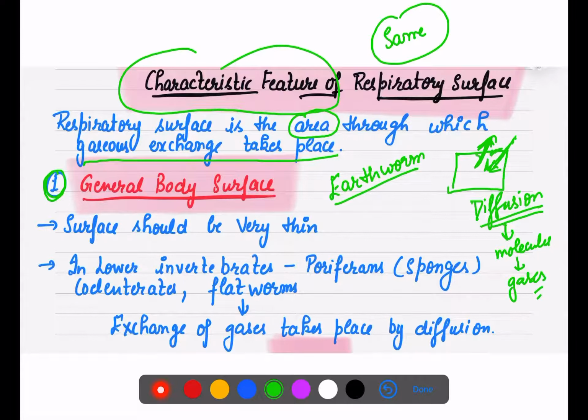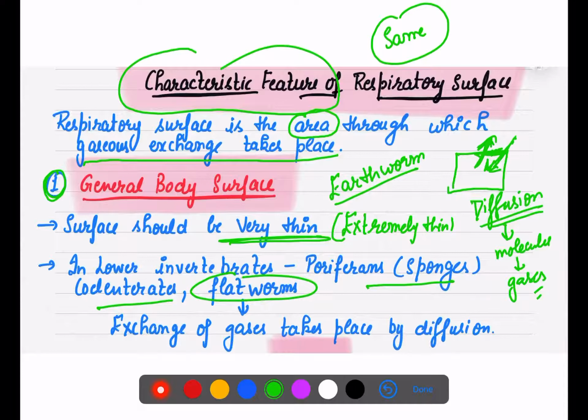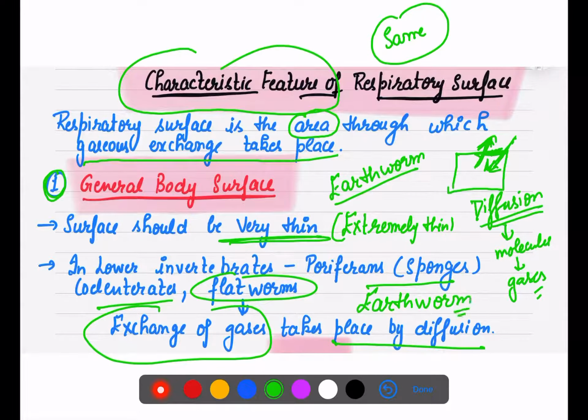So that surface should be extremely thin. In lower organisms, usually sponges, coelenterates, or flatworms, the exchange of gases happens through diffusion. You can quote the example of the earthworm here. The exchange of gases takes place by diffusion, so its surface should be thin.